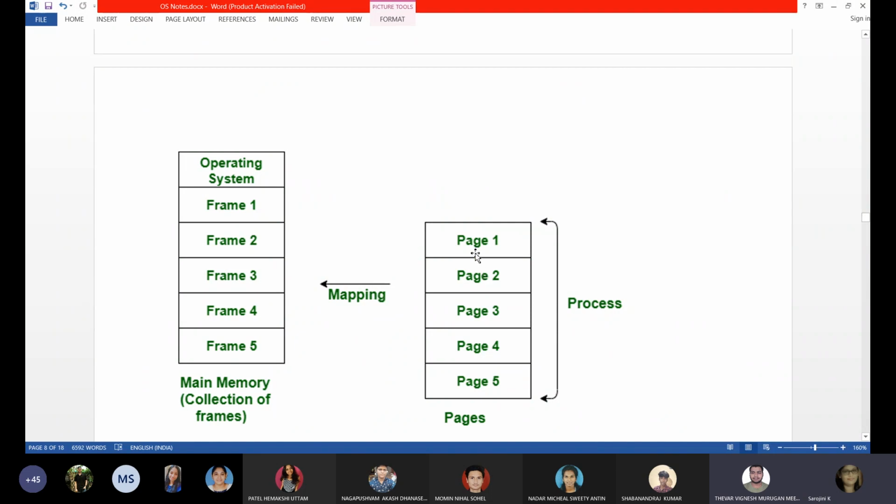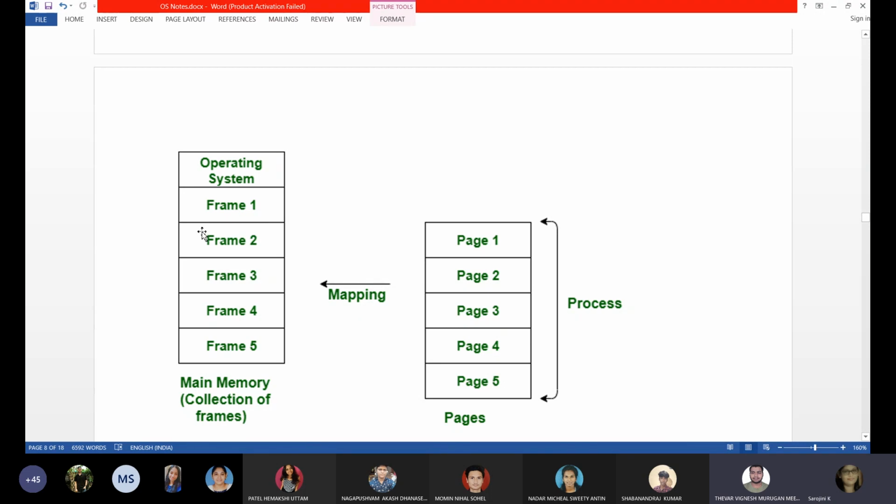When the MMU, the memory management unit, brings the page to store it in the main memory, it has to know where it should be stored. When the MMU brings the page from the secondary memory, it already knows the address in the secondary memory from where it has taken the page. But when storing in the main memory, it has to know where it should be stored, at some address location.